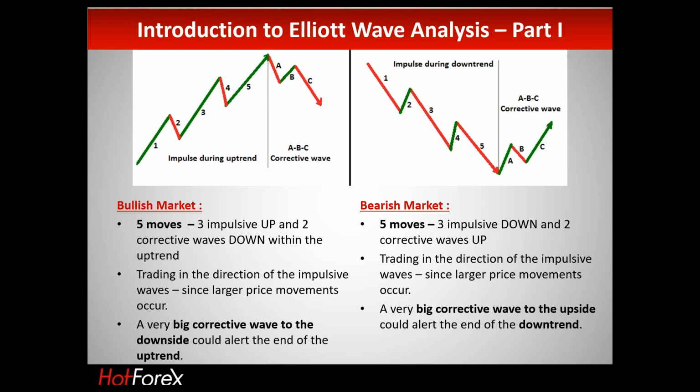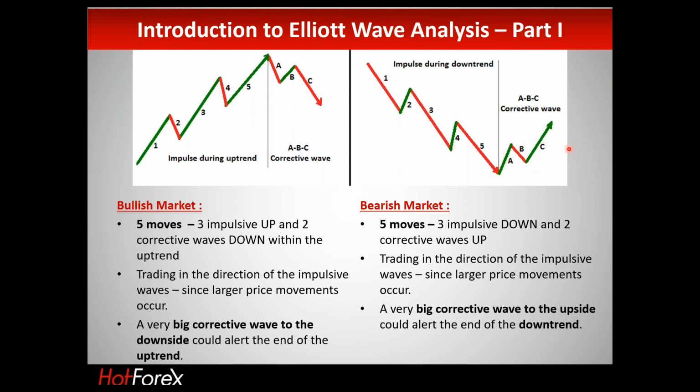So impulse occurs when we have a trend direction. A big move to the downside, which is bigger than prior corrective waves and as large as the upward impulse wave, indicates that the trend is now down and reaching an end. If the trend is down, like in this case over here, the bearish market, and we have a very big up wave, which is C, C has the same role as wave 3.